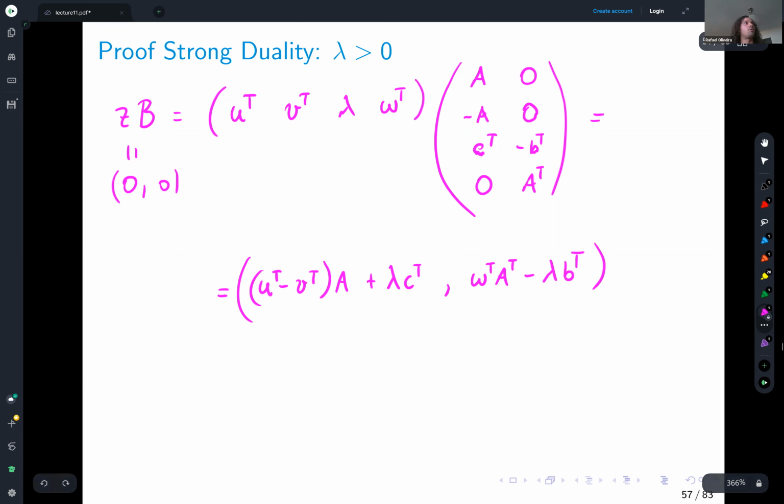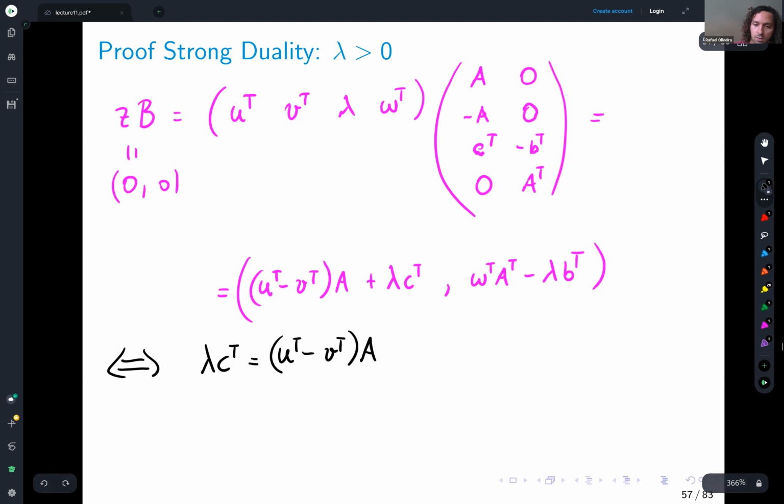So ZB equals 0 is equivalent to having the 2 equations that lambda C transpose is equal to V transpose minus U transpose A, let me put the sign already changed, and lambda B transpose equals W transpose A transpose, or equivalently, we can write lambda B equals AW.